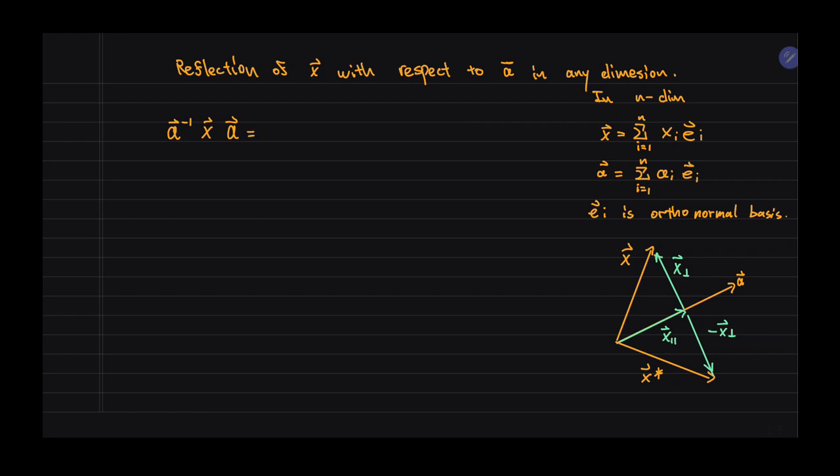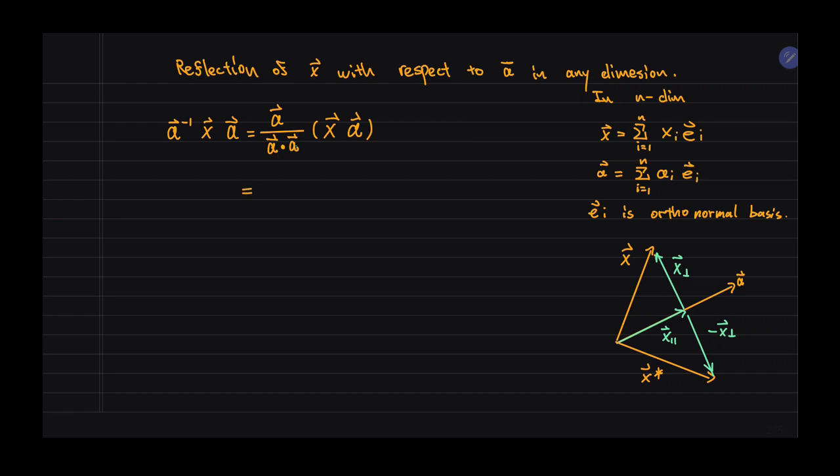From the definition we had before of a inverse, we have a divided by a dot a, geometric product x, geometric product a.